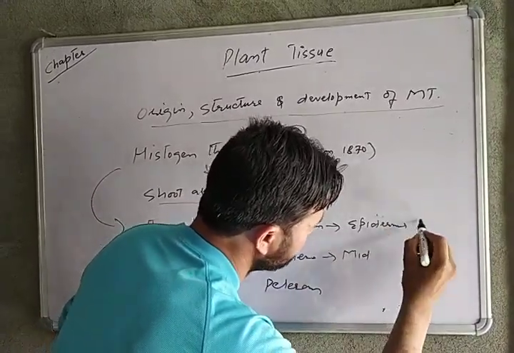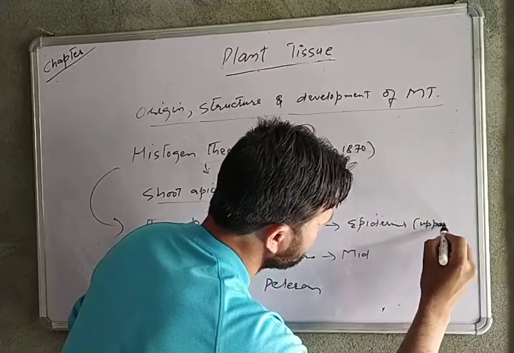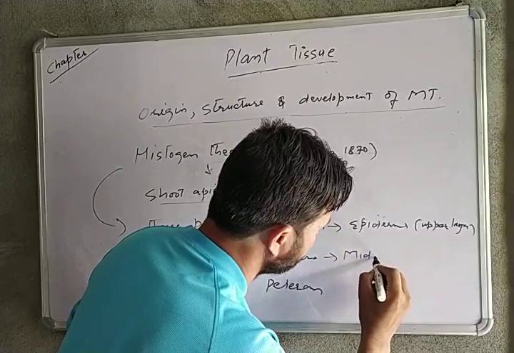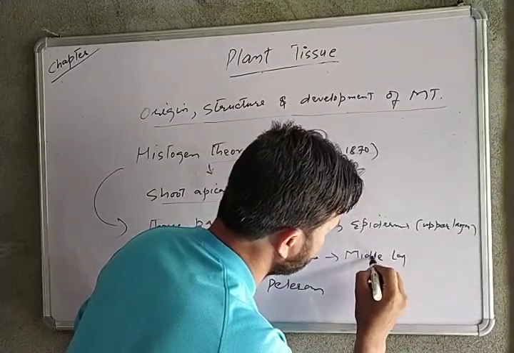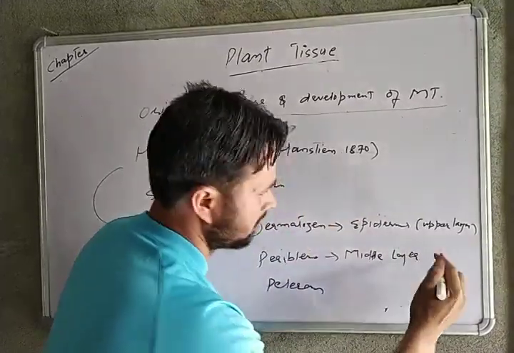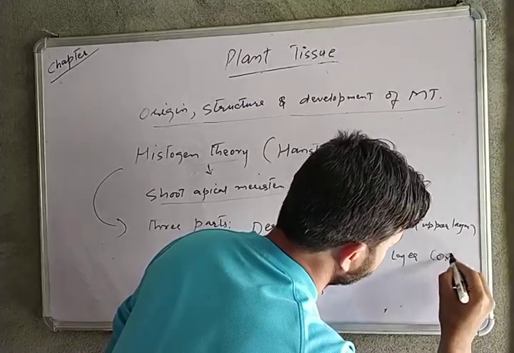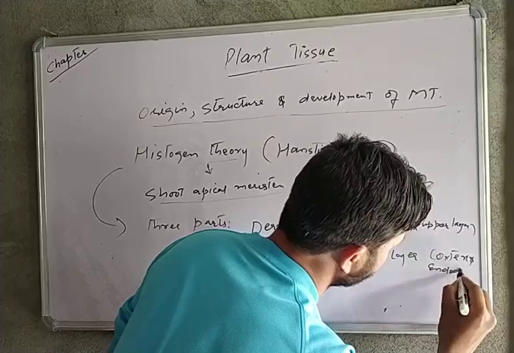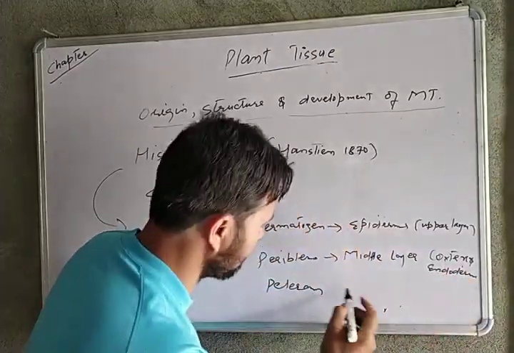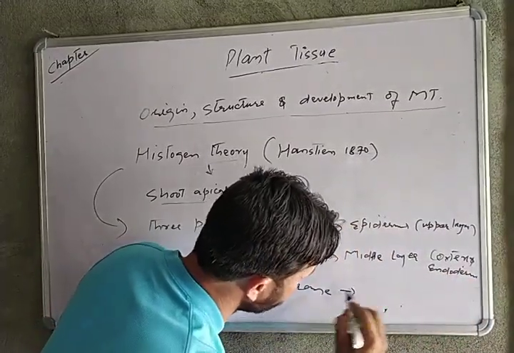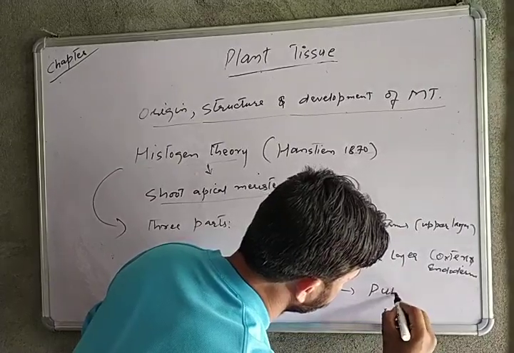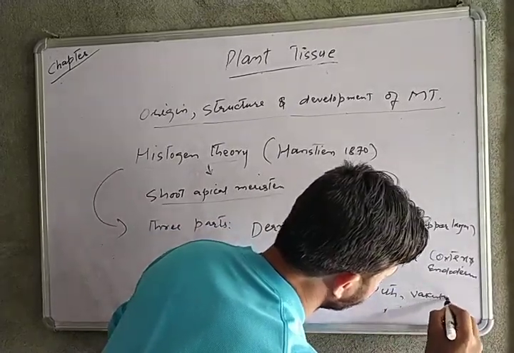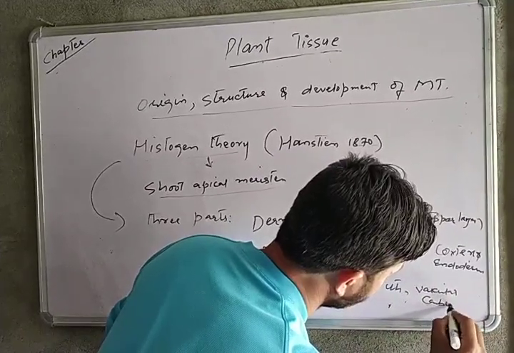It is the upper layer, and this is the middle layer, around cortex and endodermis. And this plerome gives rise to pith and vascular cambium.